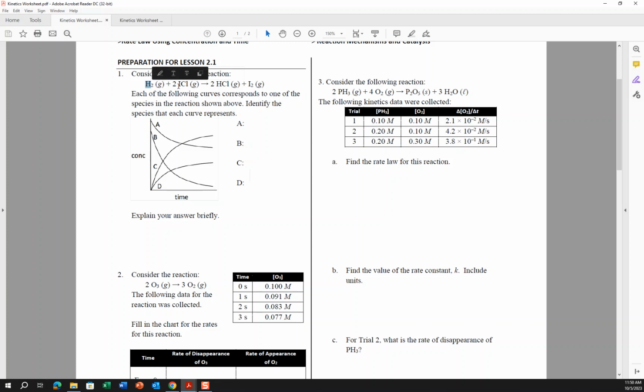For every one of these molecules that is consumed, 2 of these are consumed. So you're going to lose this faster than that. B has a faster rate of disappearance, so B should go with the highest coefficient on the reactant side. And A has a slower rate of disappearance, so A would go with the one with the lower coefficient on that side.